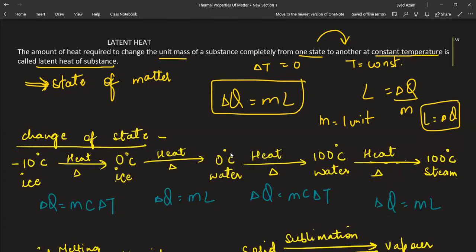The cold water becomes very warm water, very hot water. 100 degrees Celsius is the boiling point. Gradually it will become lukewarm, then hot, and the very hot water will start boiling at 100 degrees Celsius. But the water that was cold is now hot water. It could be lukewarm somewhere in between, but the state is the same. The temperature has increased, so we use delta Q is equal to mc delta T. And if you further heat it at the same temperature, it can become vapor, steam. So you will use delta Q is equal to ml. Is it clear? Yes, ma'am.